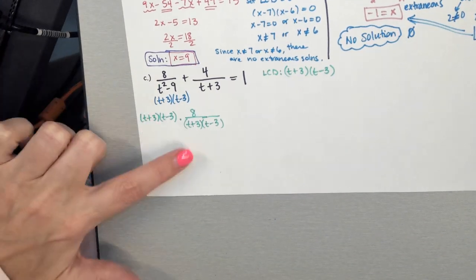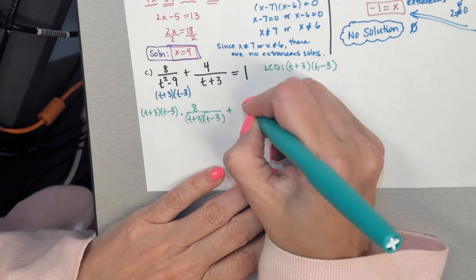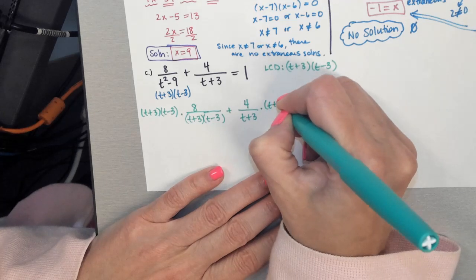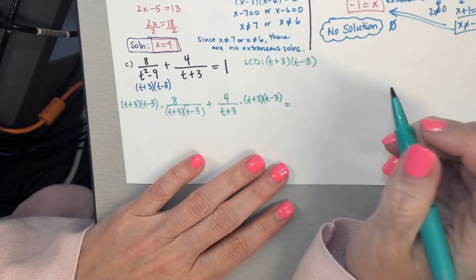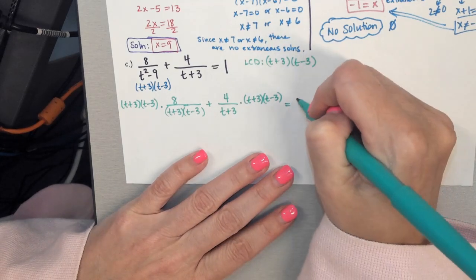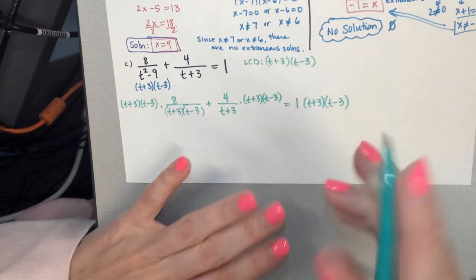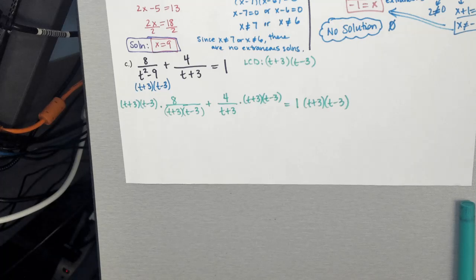So I'm multiplying 8 over t plus 3 times t minus 3 by that. I usually will write this first and then do the times on the side. Okay, so every term gets multiplied by that t plus 3, t minus 3.